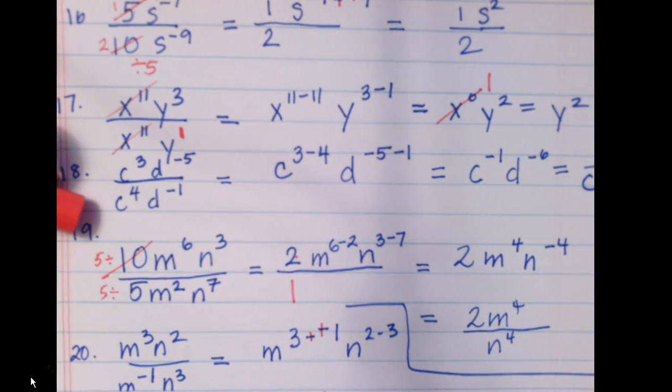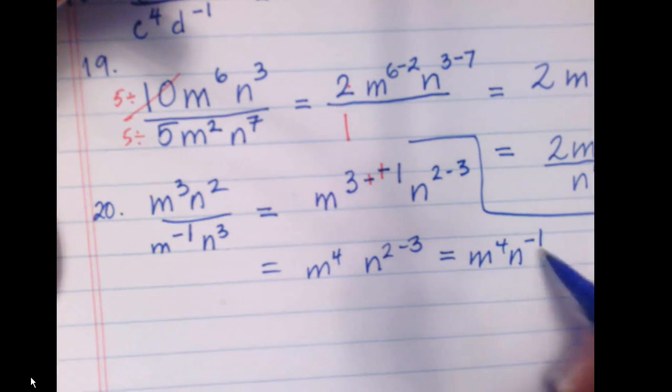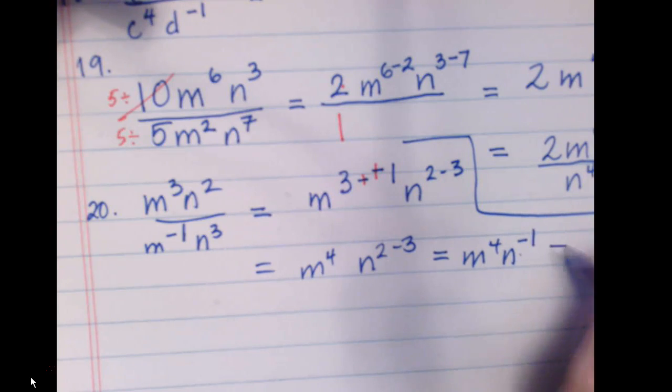N to the 2 minus 3 is going to be negative 1. Fix my camera. And so I still don't want to have a negative in my final answer, so let me go one more step. I'll go m to the 4th, and then I need to create a denominator to put that in. So that's n to the 1.